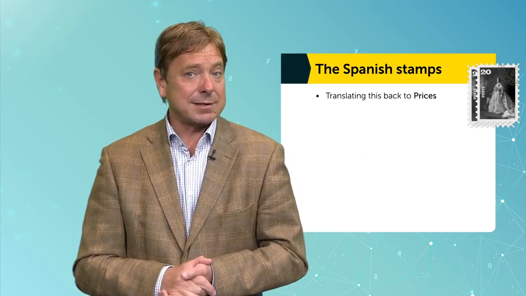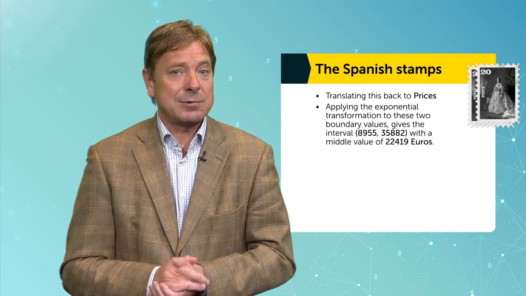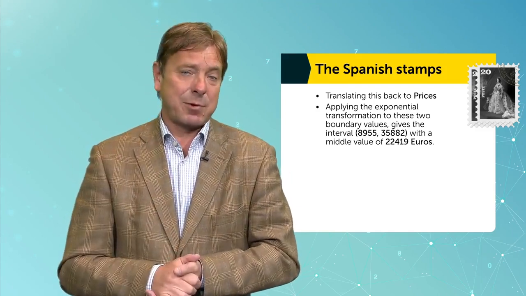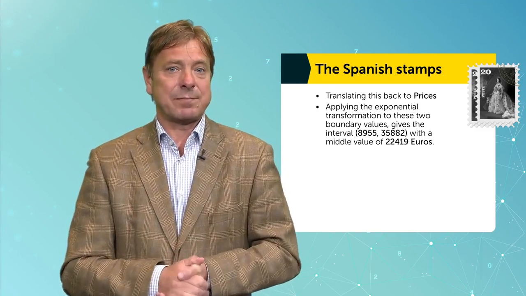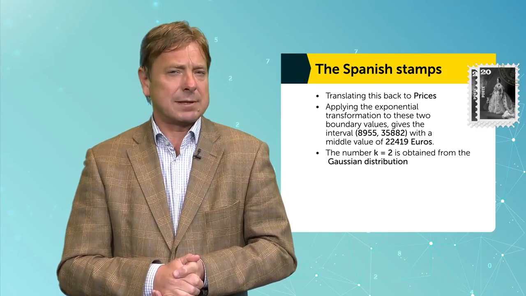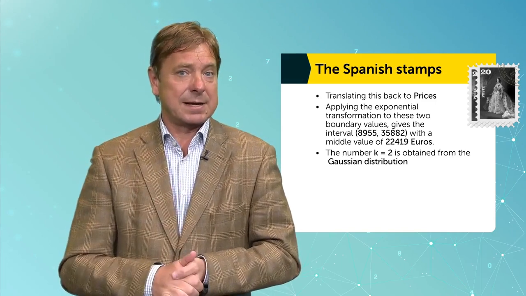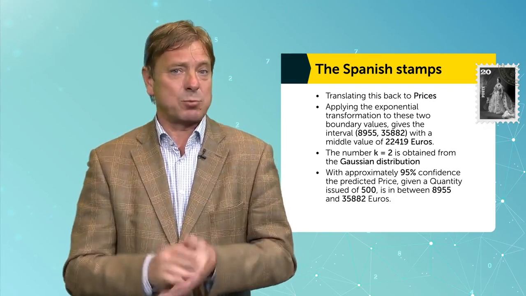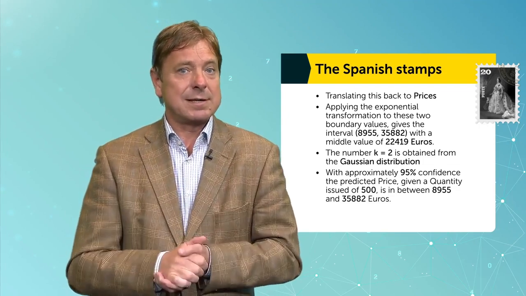Translating this back to prices, by applying the exponential transformation to these two boundary values, gives the interval close to 9,000 and 36,000, with a middle value of 22,000 euros. The number k equal to 2 is obtained from the Gaussian distribution in a previous video, and hence one can say that with approximately 95% confidence, the predicted price, given a quantity issued of 500, is in between 9,000 and 36,000 euros.